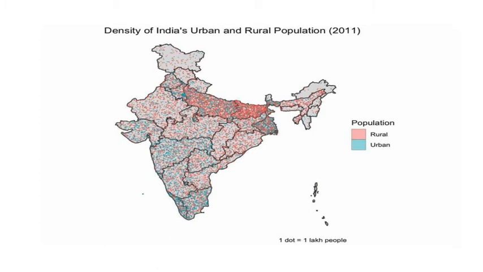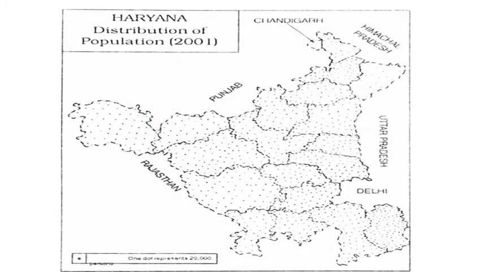When we go through this picture, the concentration of blue dots is high in Maharashtra, Tamil Nadu, Kerala, and red dots dominate in UP and Bihar. This is another example of the dot method of Haryana state.